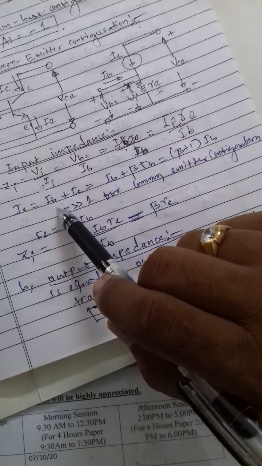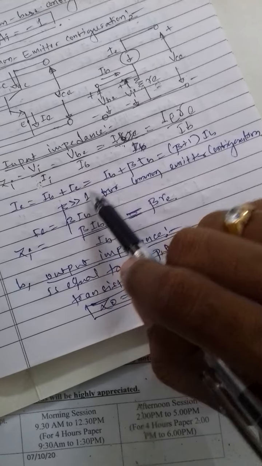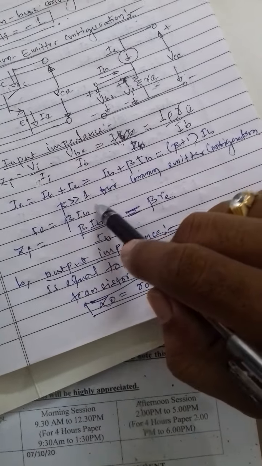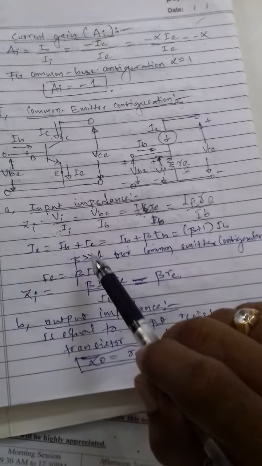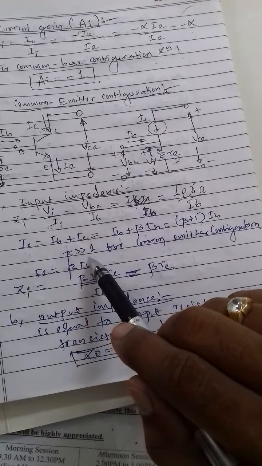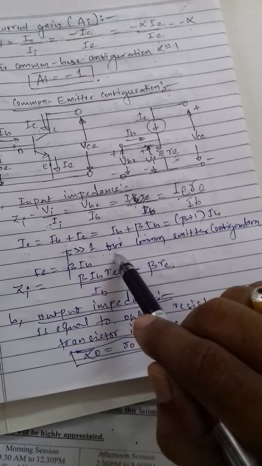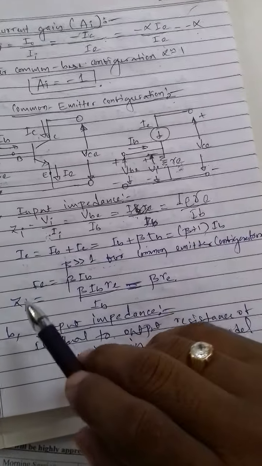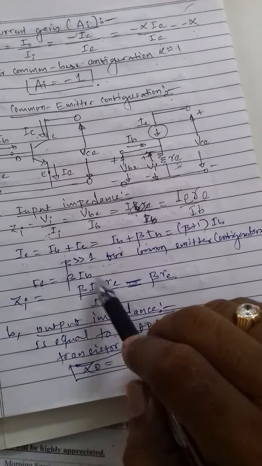Since emitter current is the sum of base current and collector current, IE is equal to beta plus 1 into IB. For the transistor under common emitter configuration, beta is greater than unity, so the emitter current is approximately beta IB.